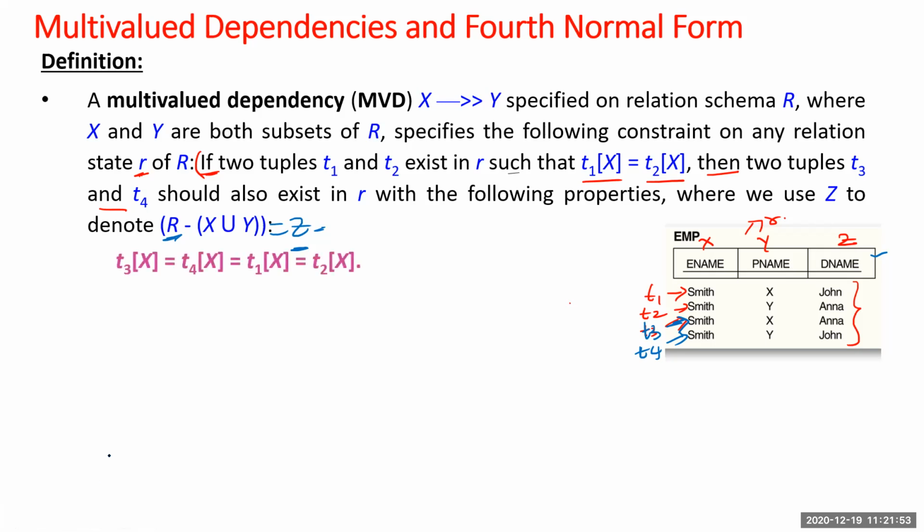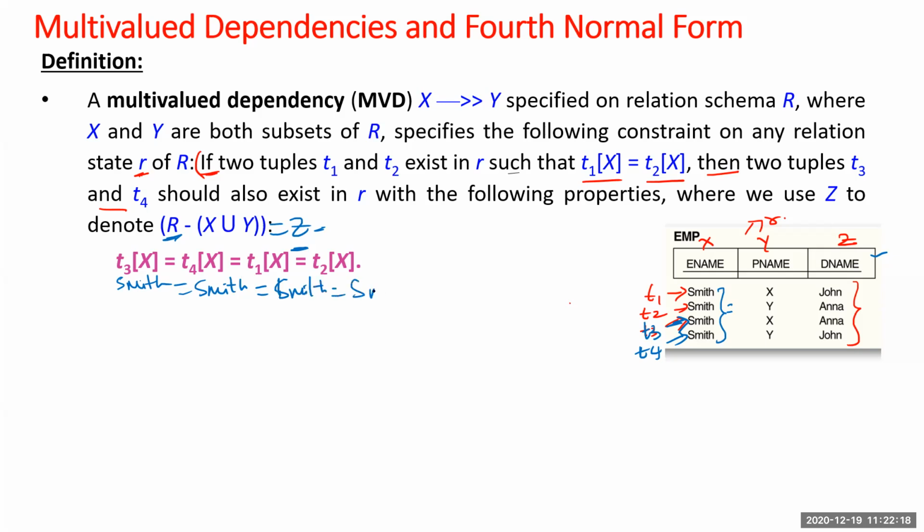Then the condition. If T3 of x is equal to, so that means I'm just checking all these are equal to each other. T3 of x is Smith, equal to T4 of x, Smith only, right? T1 of x, Smith.